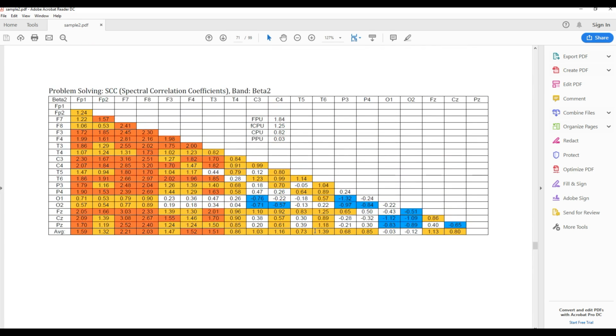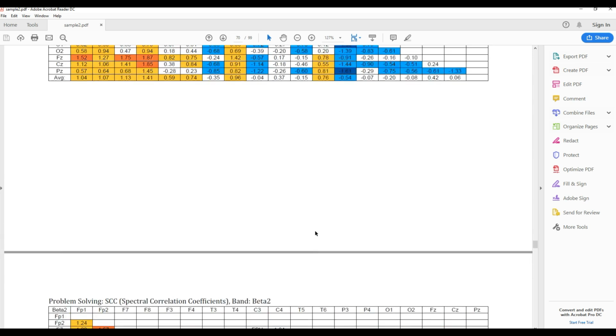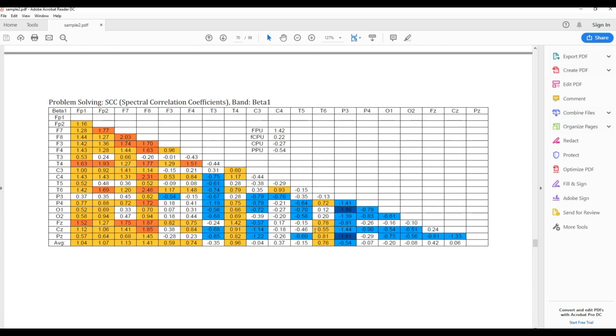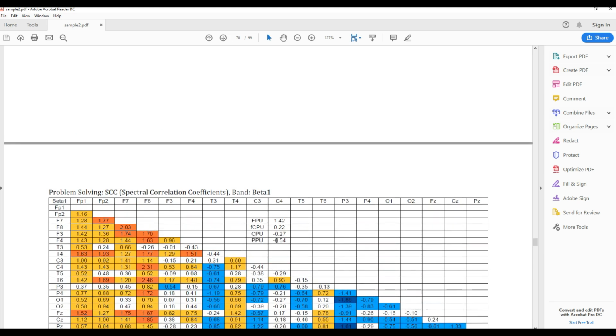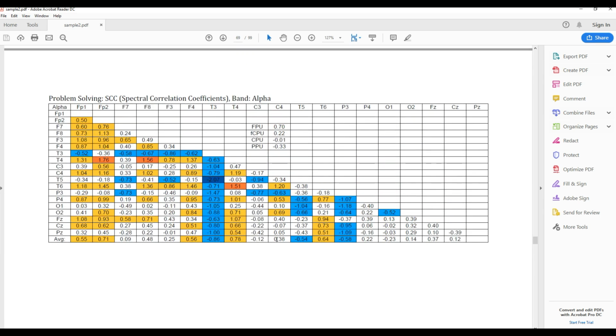Go to coherence, showing relative strengths here. But again, we go to beta 1, and now we have some weaknesses posterior, and again from T3. So you can see T3 and these other left hemisphere locations are weak systems. And again, we get to the alpha, and we have particular weakness in T3 again.